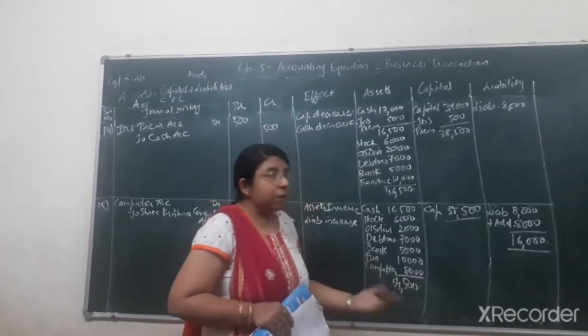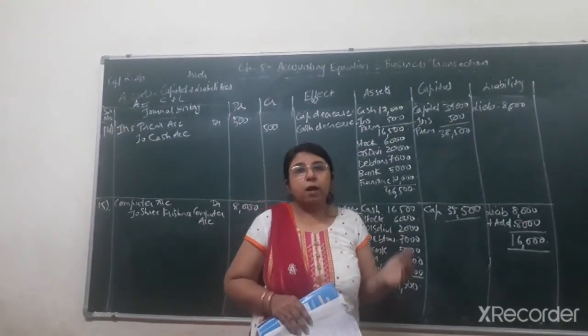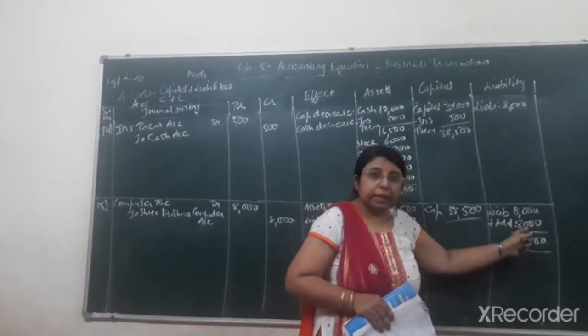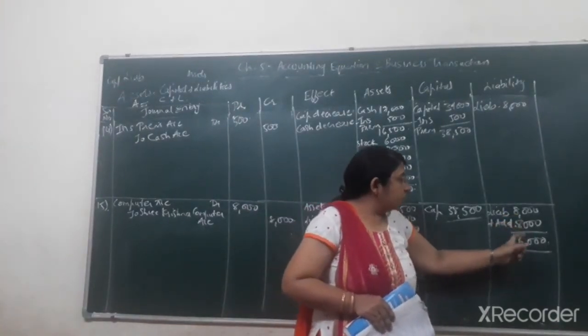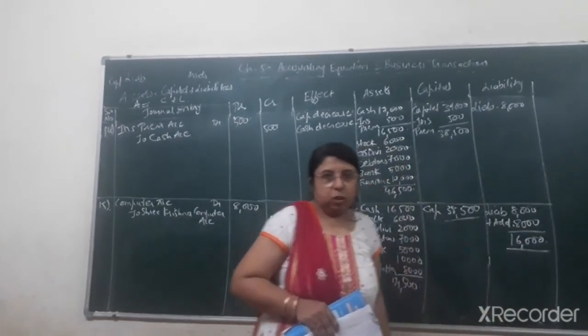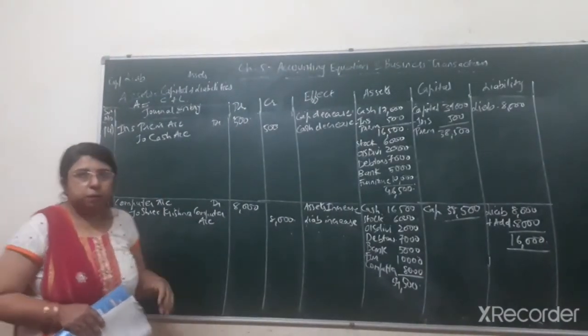Now new liability is raised because we have to pay 8,000 rupees to Krishna Computer Company. So 8,000 plus 8,000, the balance of liability will be 16,000. Okay, students, we have completed up to the 15th transaction.